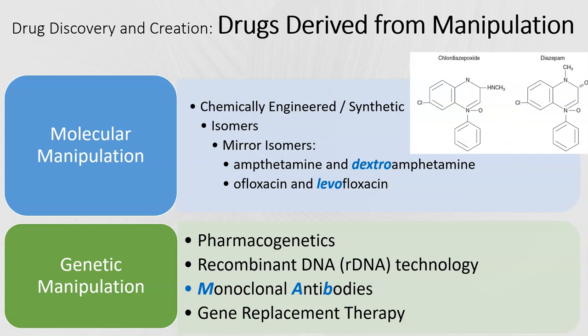Now, when we get down to the genetics, now we're getting into pharmacogenetics. This is where we've really come out in the last 30 years, manipulating the way the genes are and what we're making. So pharmacogenetics is the knowledge of how a genetic makeup of different people affects their response to the drug. People do respond differently.